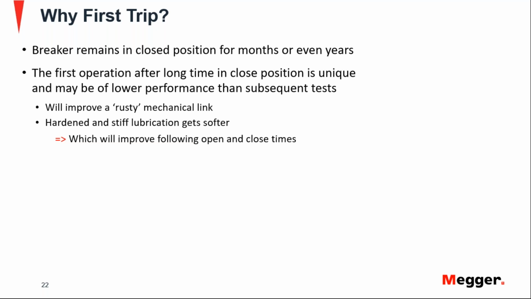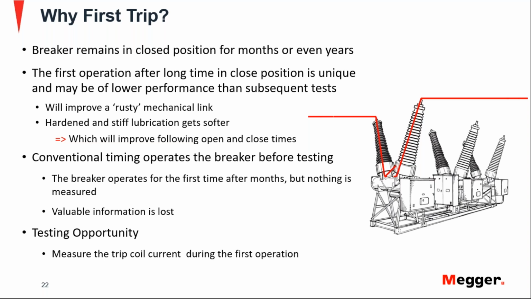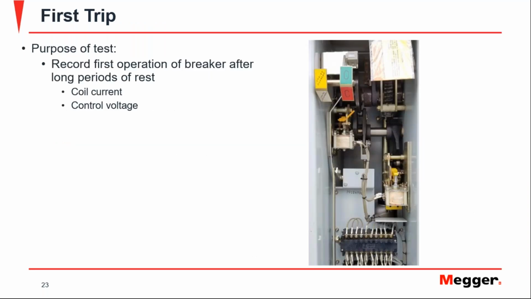So the performance of the breaker when you do conventional timing shows very good, but in that very first trip, you could be discovering a lot of things that may not be critical now, but are starting to show up. So first trip was developed for that. It's a testing opportunity to measure the trip coil during the first operation of the breaker.